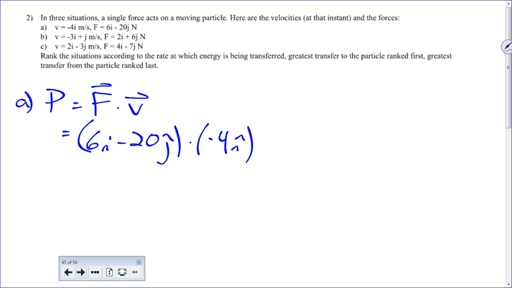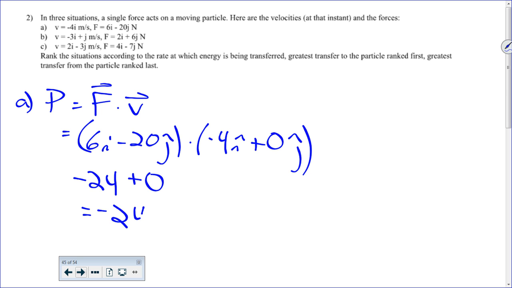Your i components give you negative 24. What do I do with the j component? It's 0, because this is really plus 0j. So you get negative 24 watts for that one.